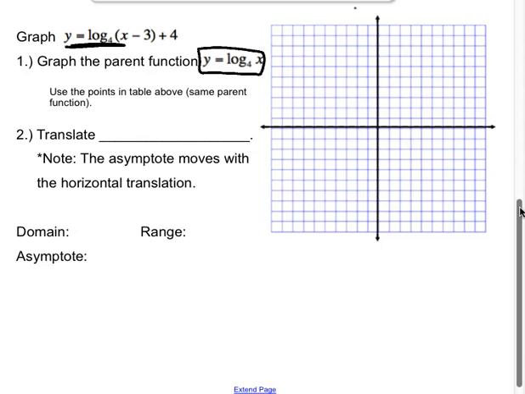With that being our parent function, now let's rearrange it. Again, don't include any shifting or anything like that in your parent function. Whittle it down to its most basic form. In this case, this is the most basic form. And now 4 to the y equals x.